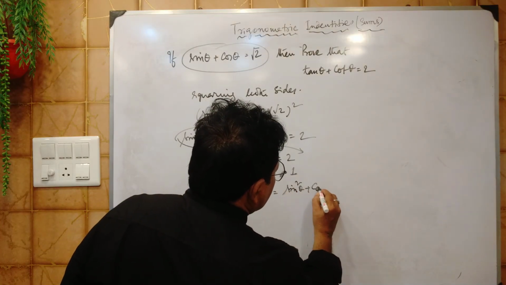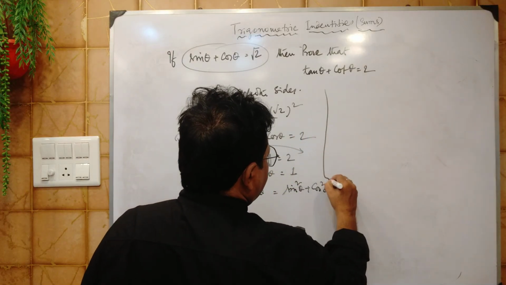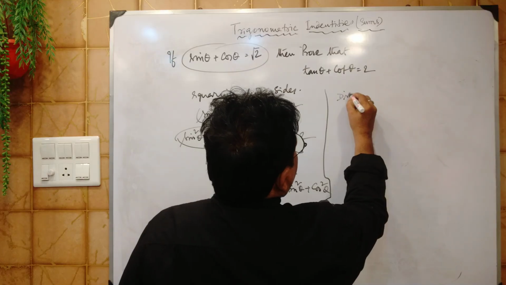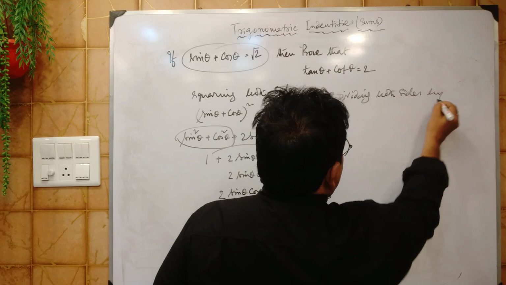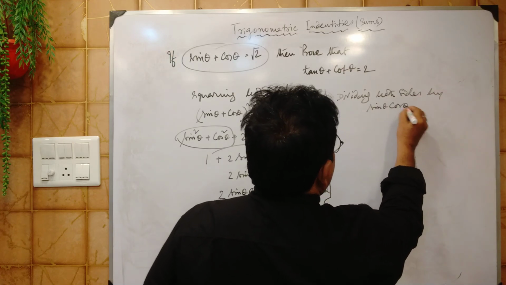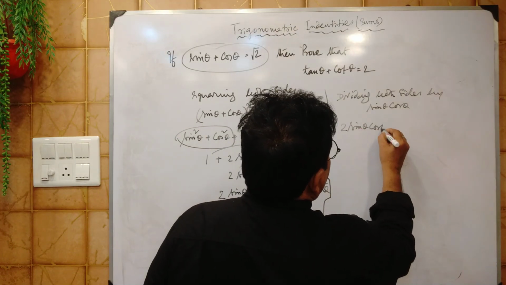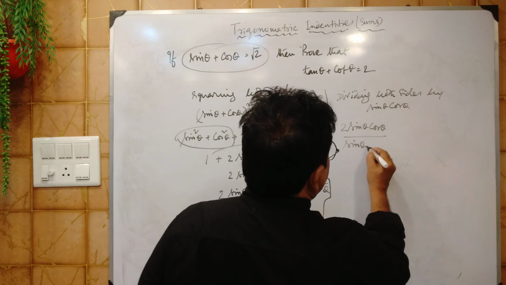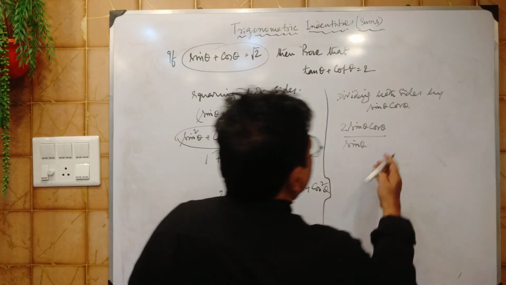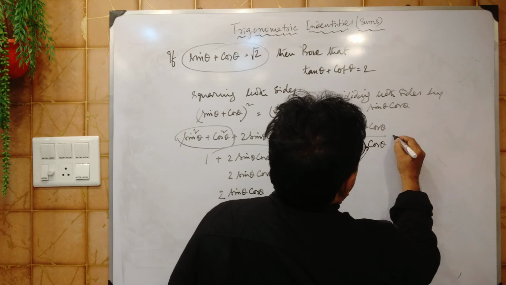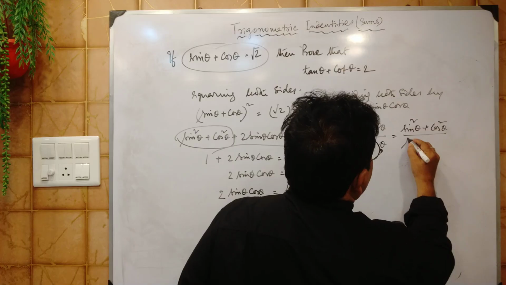Now dividing both sides by sin theta cos theta, that is 2 sin theta cos theta divided by sin theta cos theta is equal to sin square theta plus cos square theta divided by sin theta cos theta.